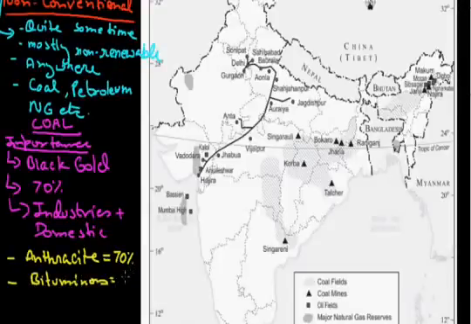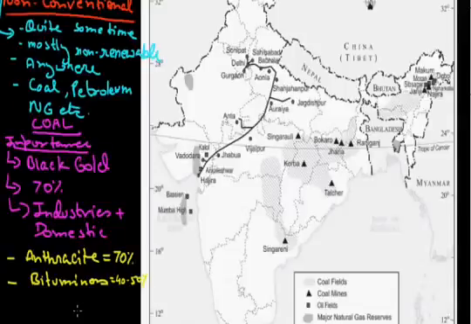Bituminous is a coal in which 40 to 50% carbon is found and the rest is water. That is why we can see gray smoke plus a little bit of ash in it.